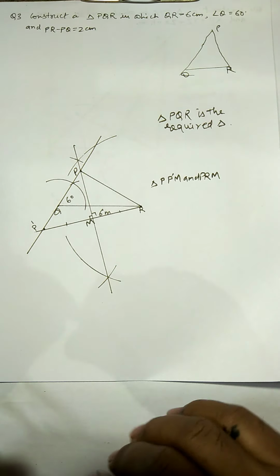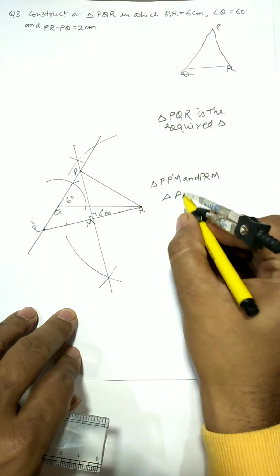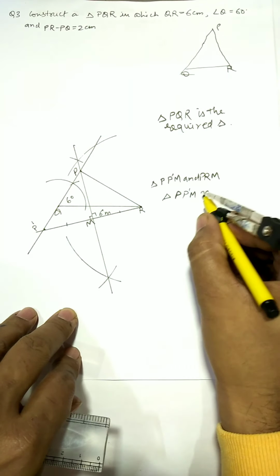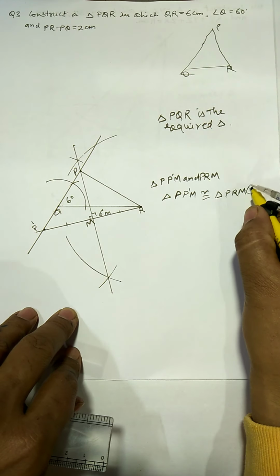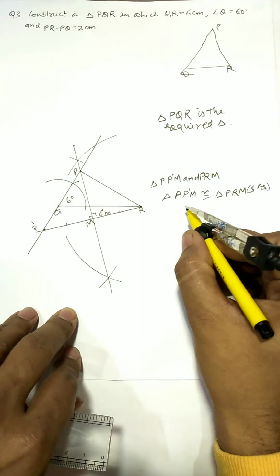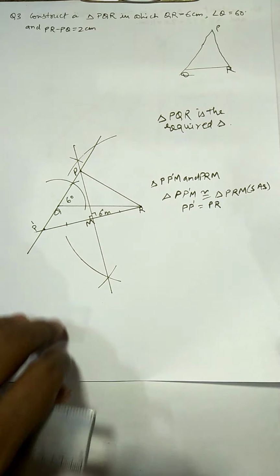Now it means that if you prove them, like triangle PP dash M congruent triangle PRM by your SAS criteria, then you can get PP dash is equal to PR.